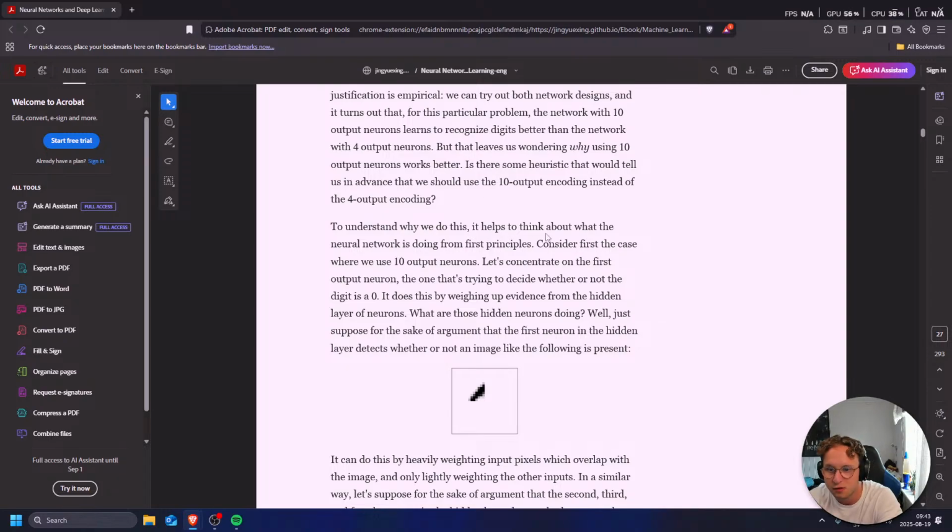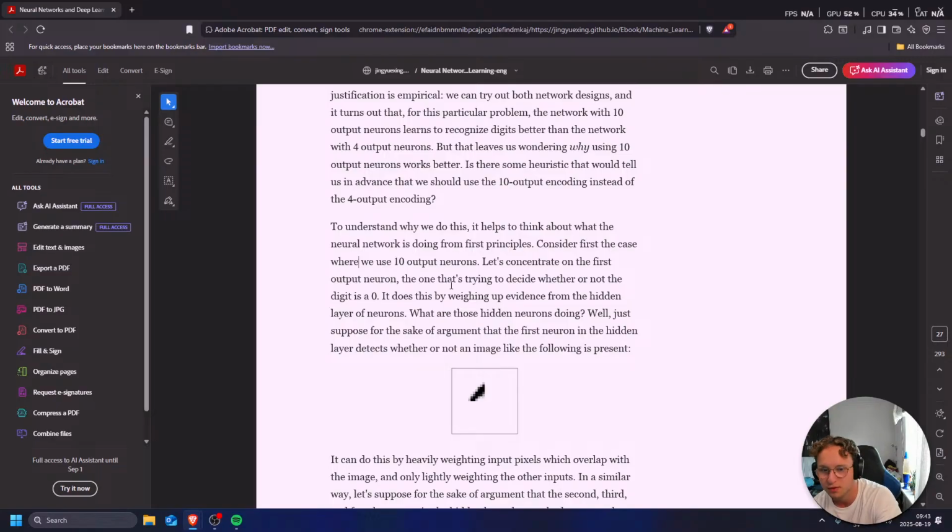from first principles. Considering first the case where we use 10 output neurons, let's concentrate on the first output neuron, the one that's trying to decide whether or not the digit is a 0. It does this by weighing up evidence from the hidden layer of neurons. What are those hidden neurons doing?